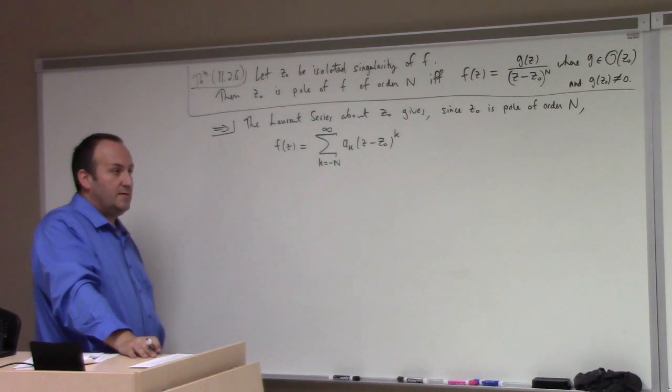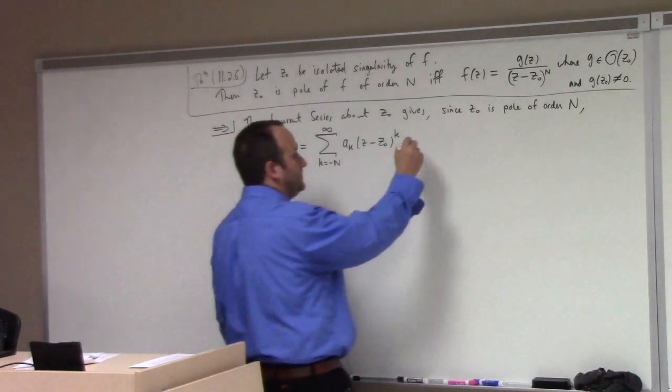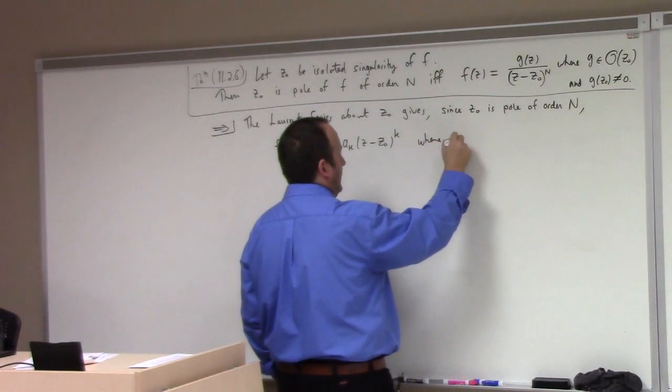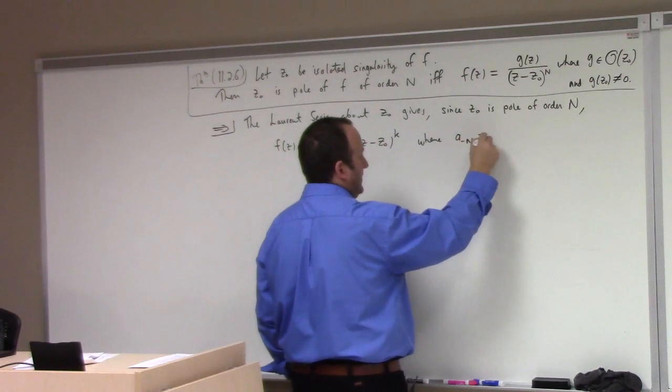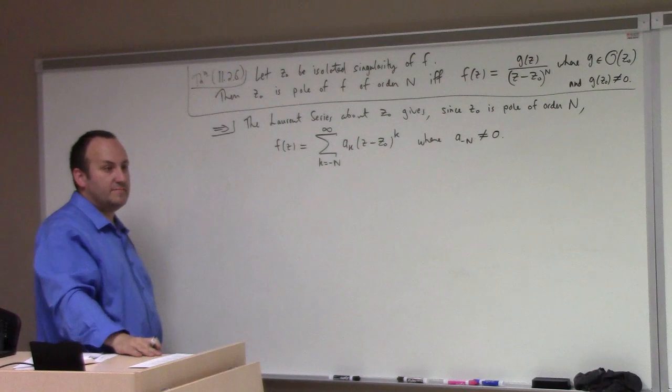All right. Then there's not much to this. We do know that a sub minus n is not equal to 0, right? That's what it means for it to be a pole of order n.